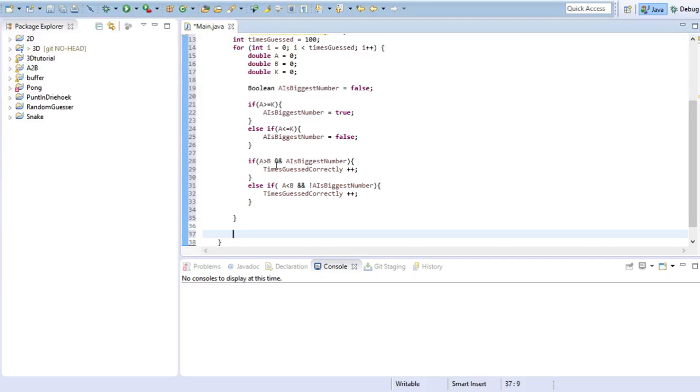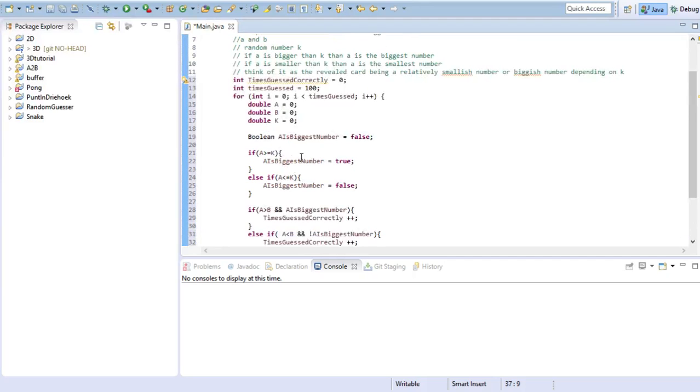How do I do this? Math is hard, guys. Math is hard. Let's just Google that. How to calculate percentage. Just give me a formula, Google.